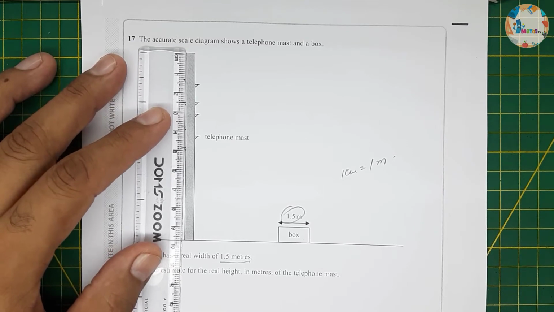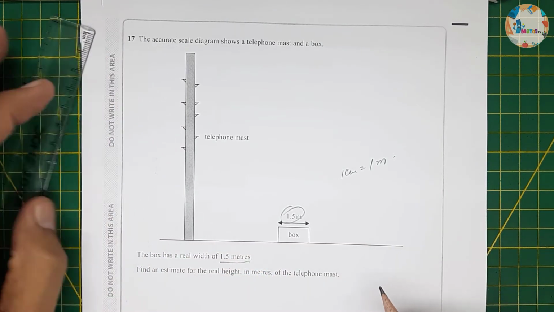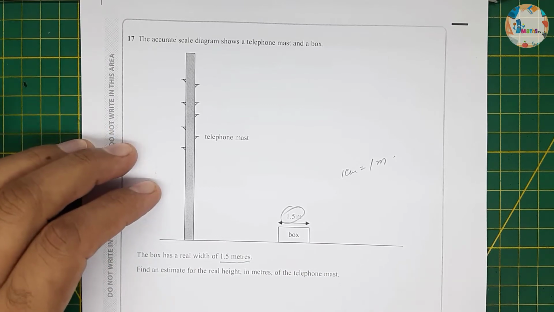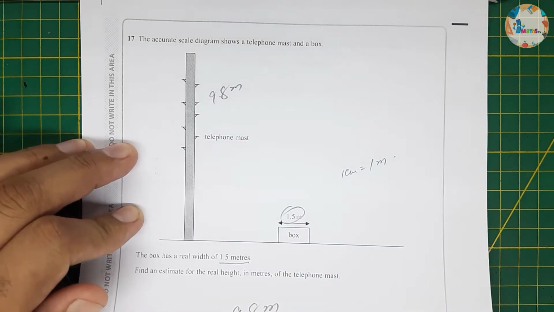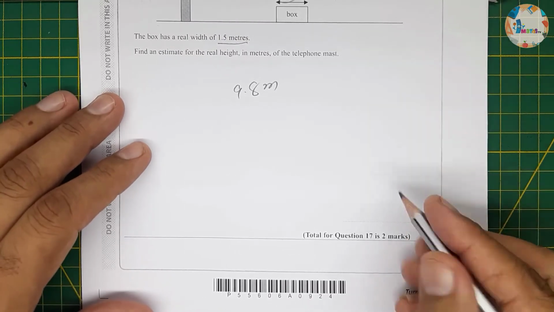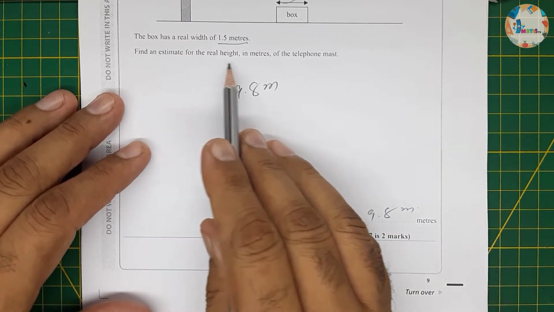And if we check, this is like 9.8. So we can write that 9.8 meters will be the height of this one. So we can give the answer as 9.8 meters.